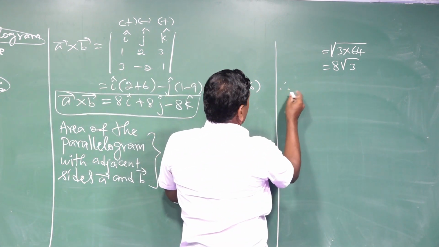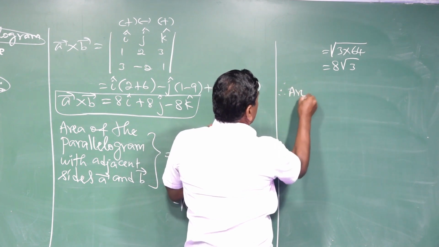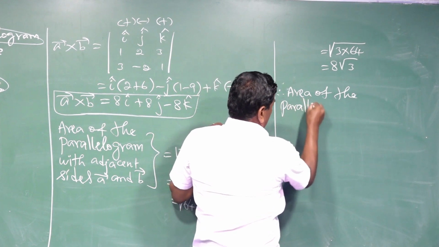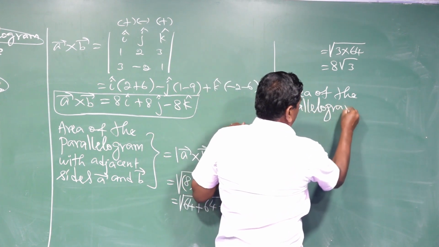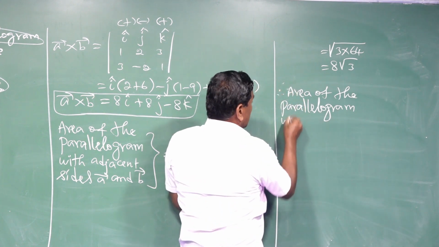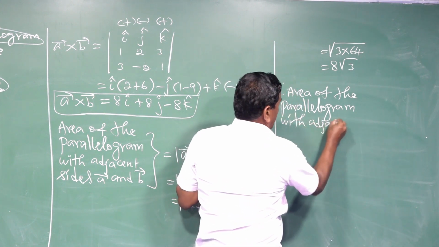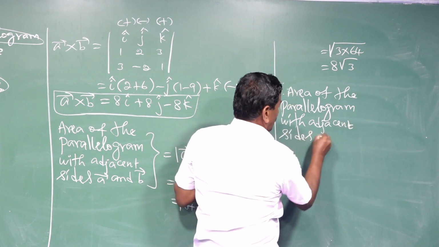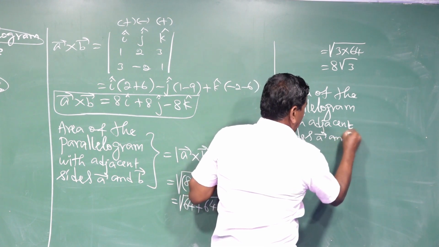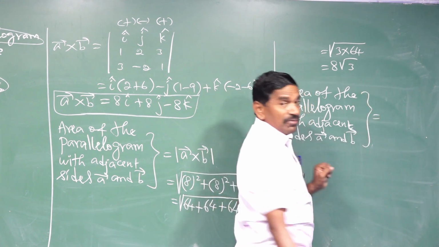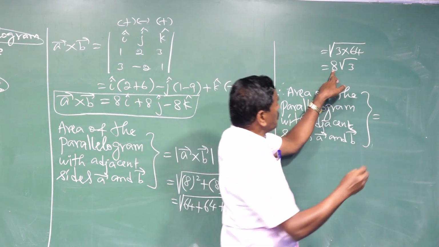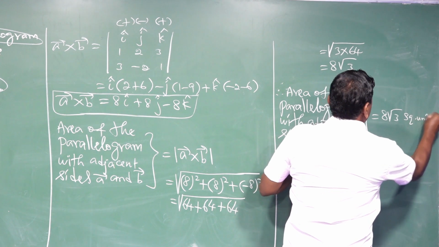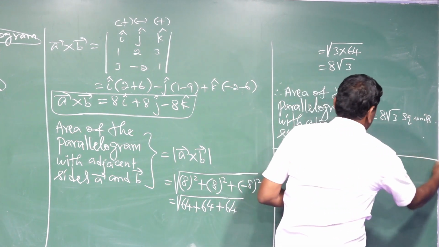The final answer is 8 root 3 square units. Area of the parallelogram completed.